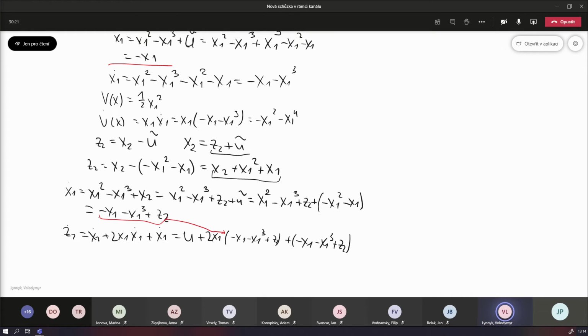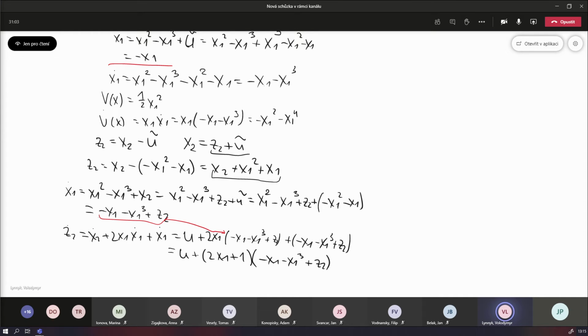Okay, what do we need to do now? We can simplify the expression. It's equal to u plus 2x1 plus 1, and this minus x1 cubed plus z2.